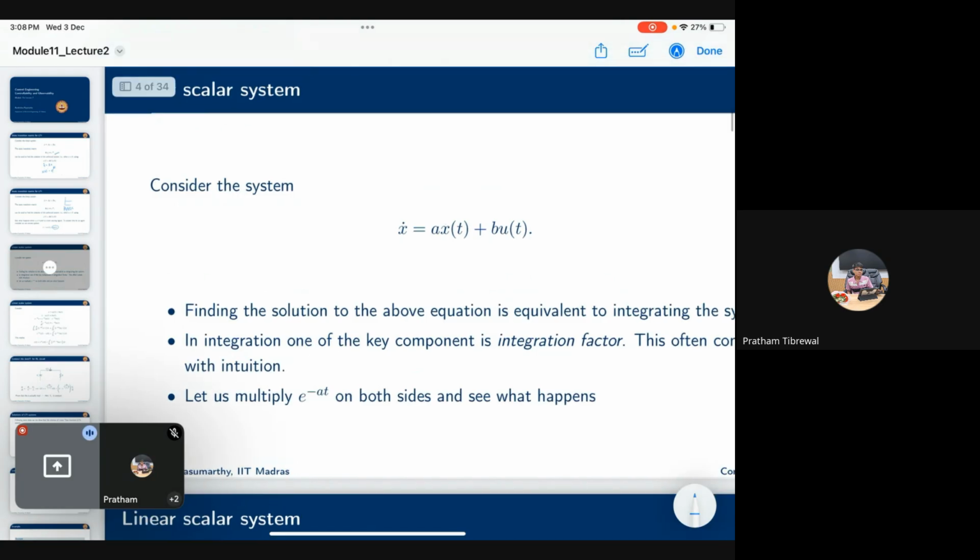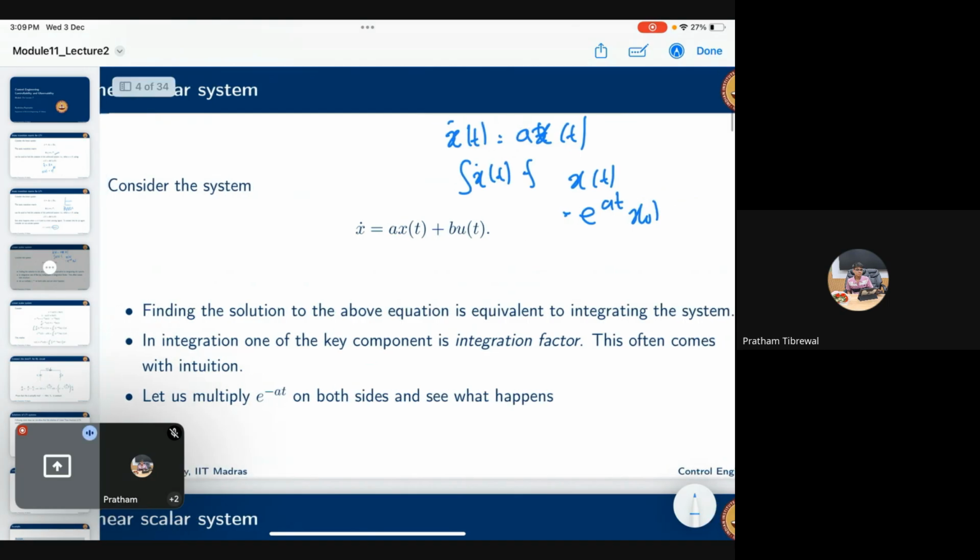Okay, now what do I mean? When I say I'm looking at x dot equal to Ax, I just integrate both sides, and get a solution that x of t is e power At with x naught. Now, same thing here. Finding the solution is again equivalent to integrating the system.